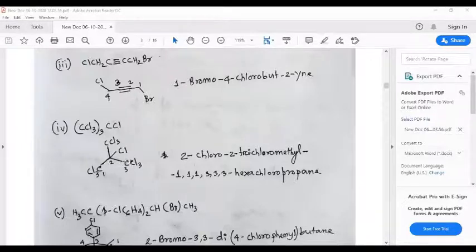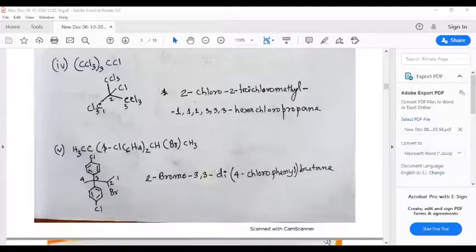The longest chain contains 3 carbons, so it's a propane derivative, and at one position and at three position there are three chlorine atoms in each, and in second position there is one chlorine and one trichloromethyl. So 2-trichloromethyl-1,1,1,3,3,3-hexachloropropane.